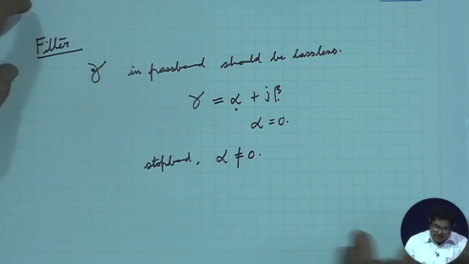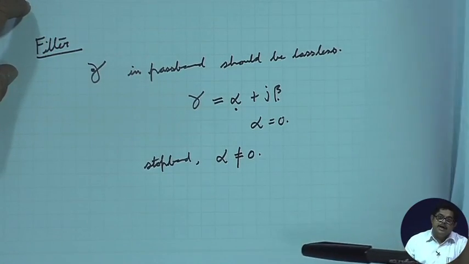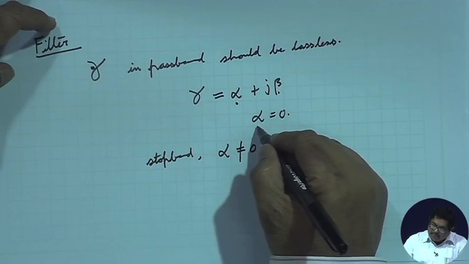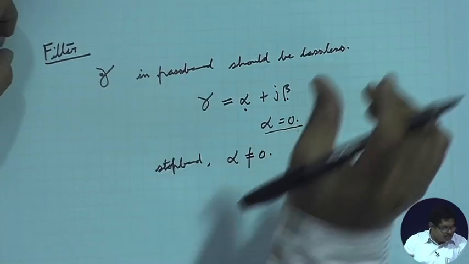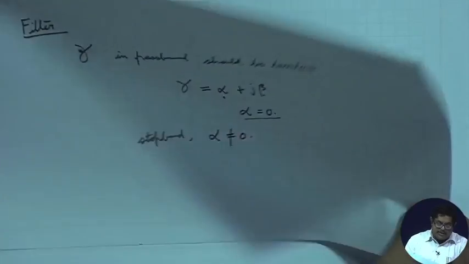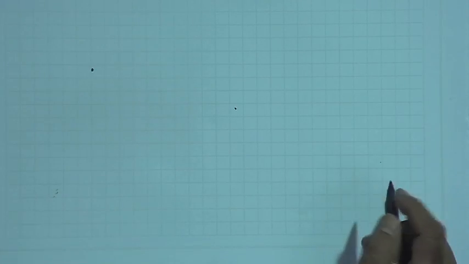Okay. And we have already decided that to have the pass band alpha equal to 0, we will use only reactive elements. Now, there is a theorem which we will now see.